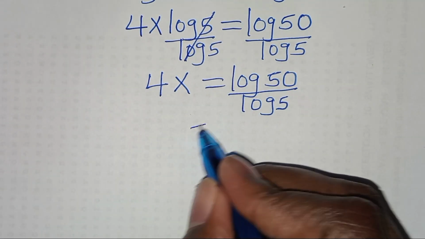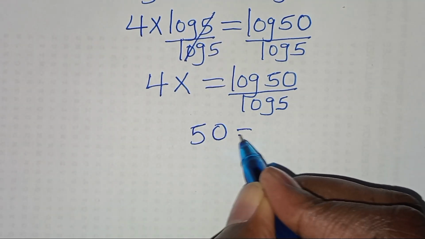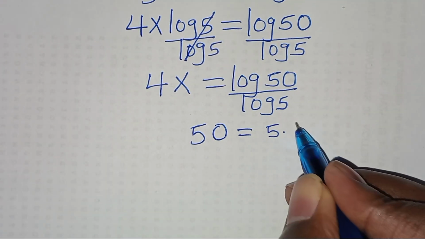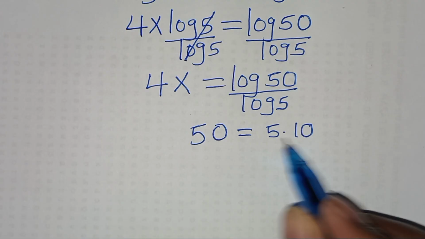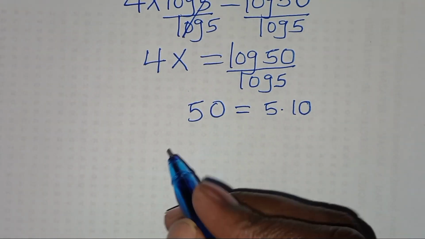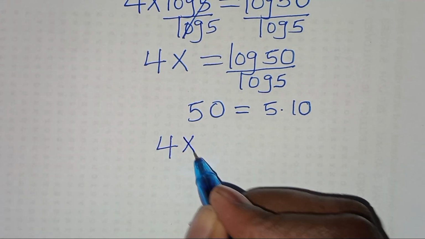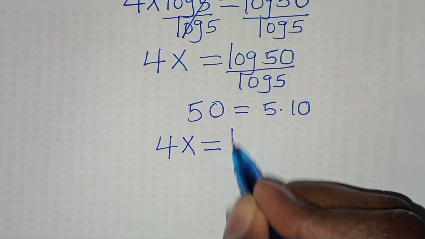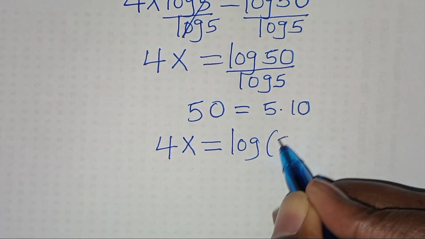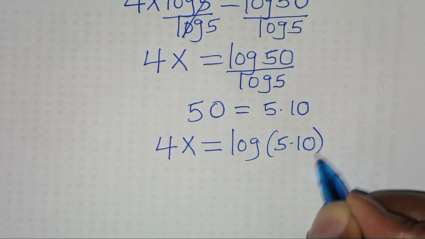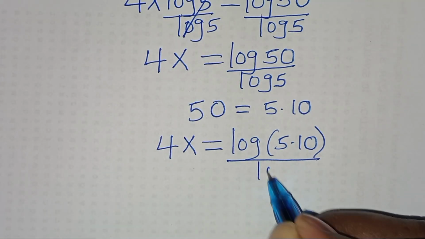We can express 50 as 5 times 10. Substituting this, then this implies we have here 4x. This is equal to log 5 times 10 divided by log 5.